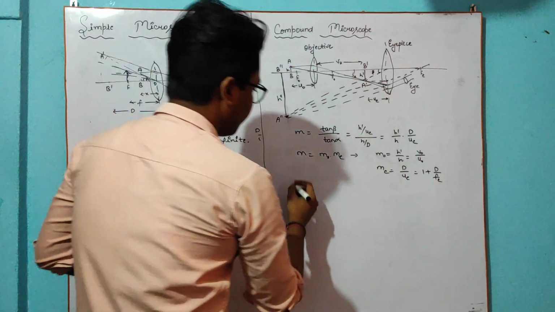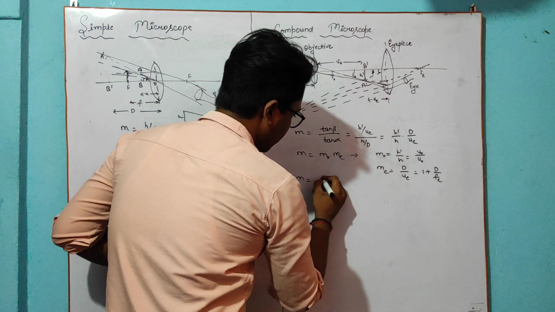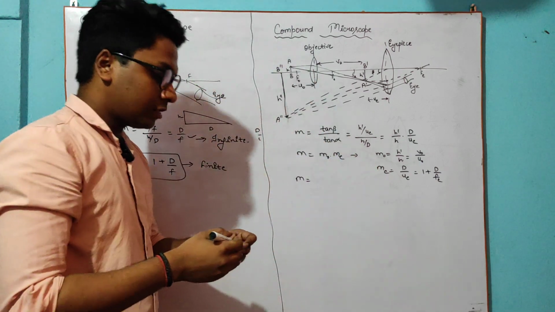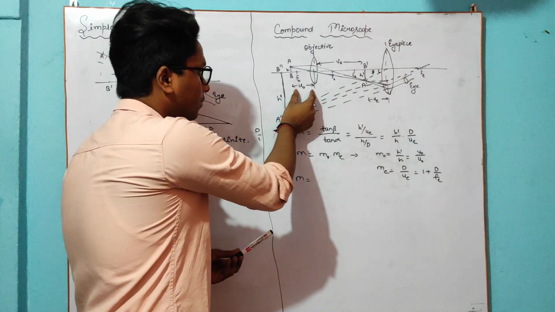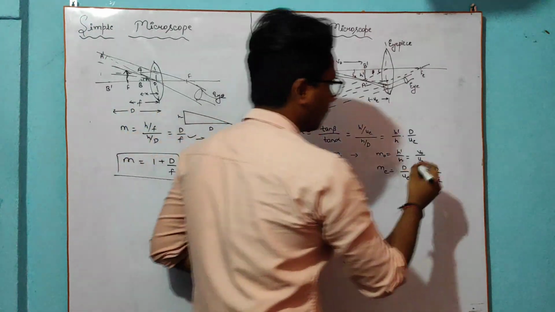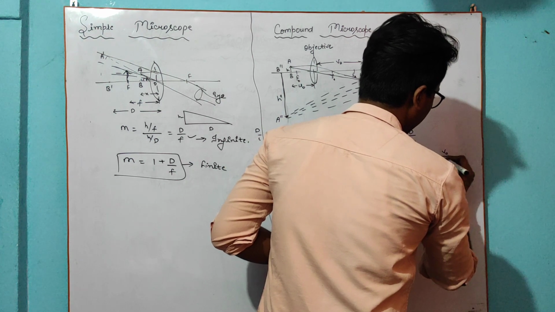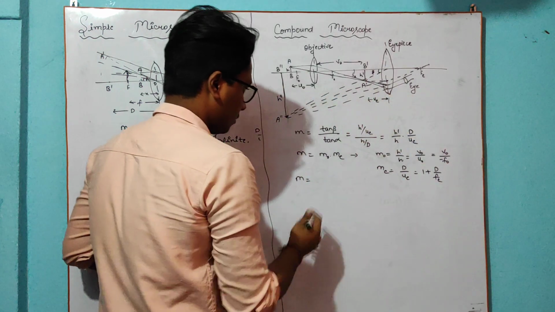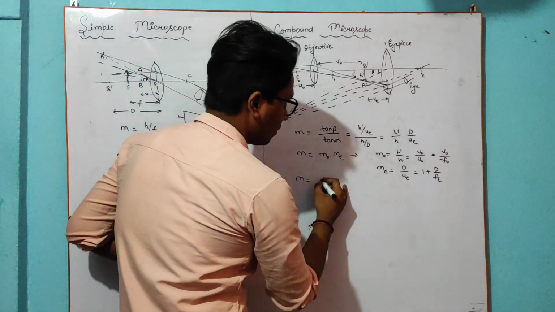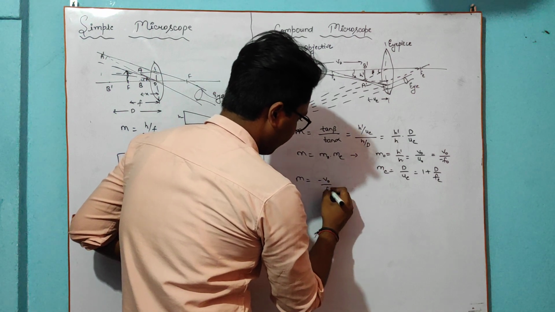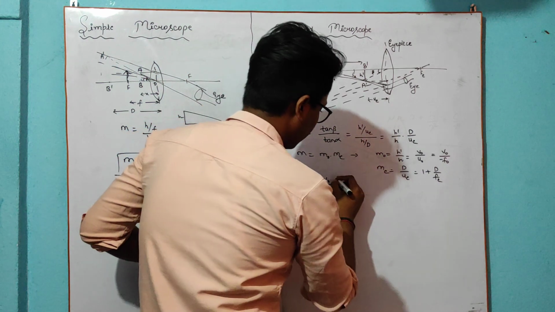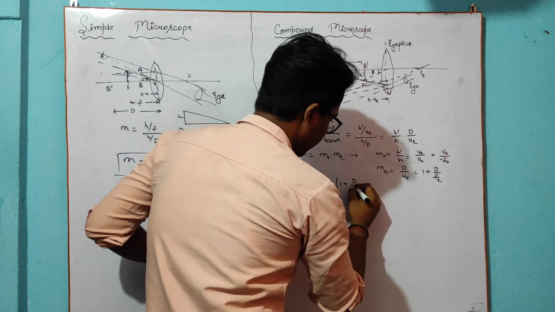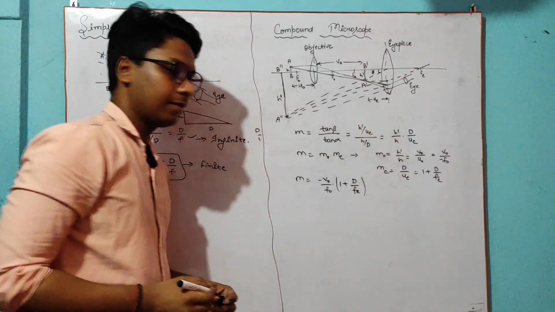Now put here, M is equal to, see, this object is very close to the focus. So our object distance is minus f naught, v naught upon minus f naught. So this becomes equal to minus v naught upon f naught into 1 plus d upon fe.